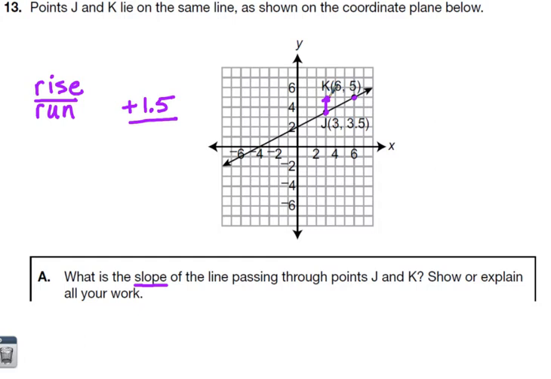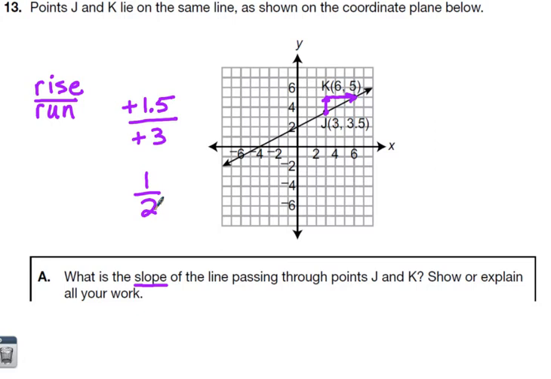Then I go to the right, 1, 2, 3. Going to the right is also a positive direction. So my overall rise over run is positive 1.5 over positive 3. Not the nicest fraction to reduce, but that reduces to 1 over 2.